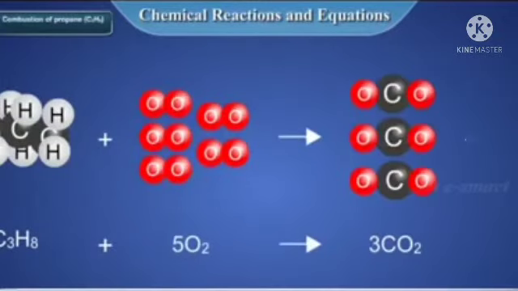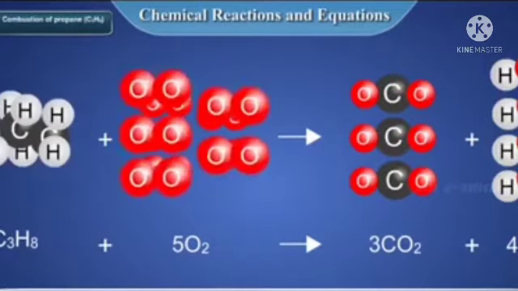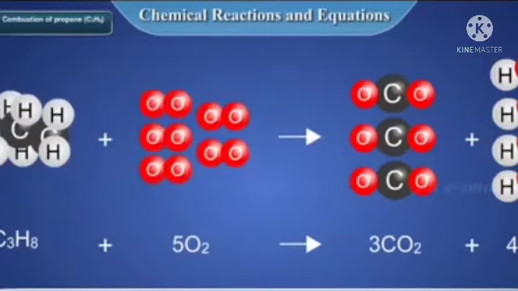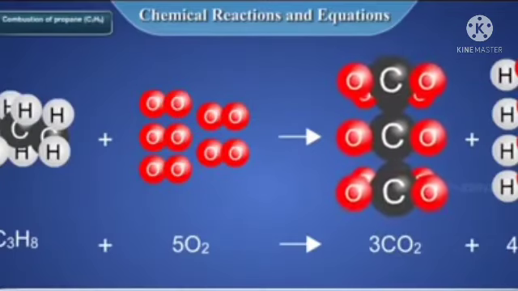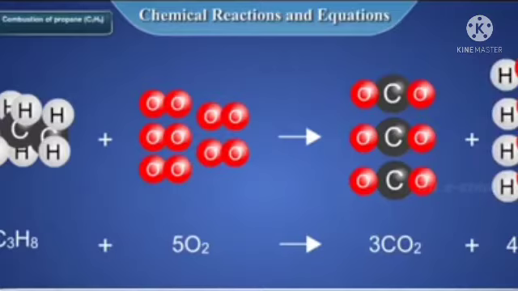The chemical equation for the combustion reaction of propane: propane plus oxygen gives rise to carbon dioxide plus water molecule. The reaction in terms of symbols and formulae of the substances involved follows the 4 steps described in the previous discussion.